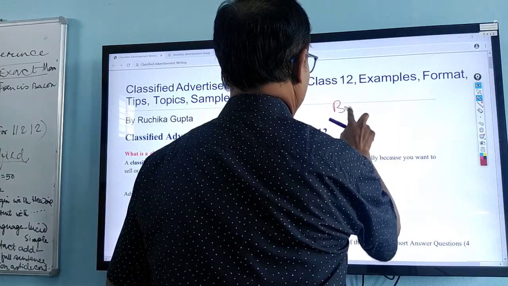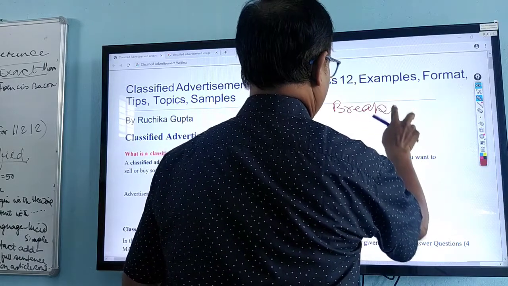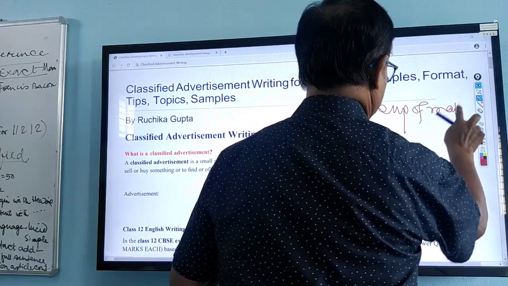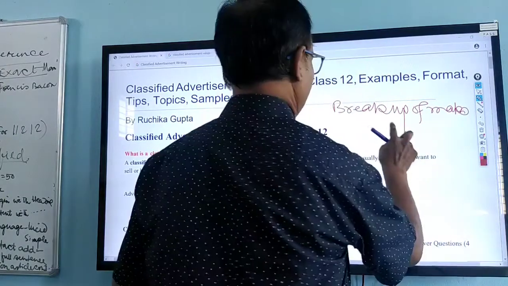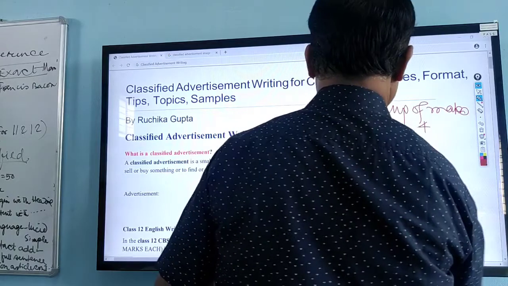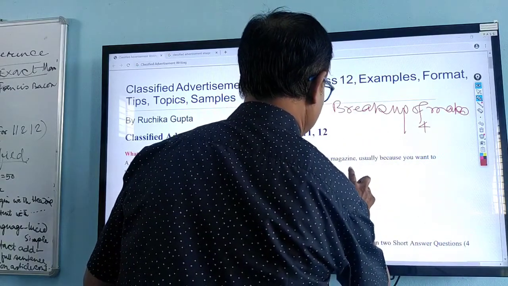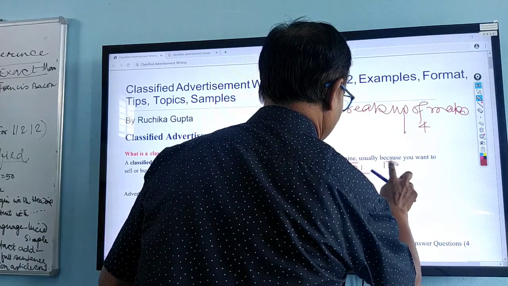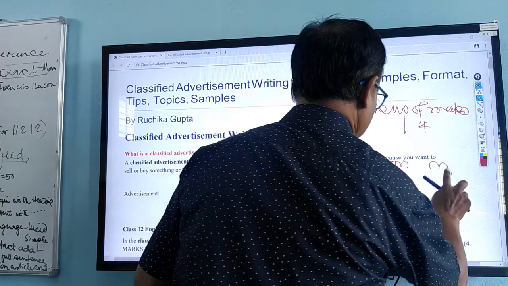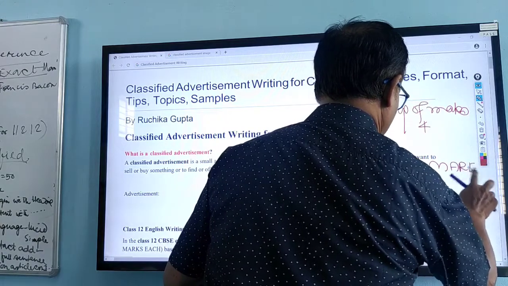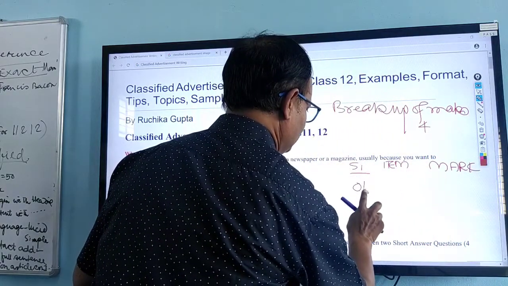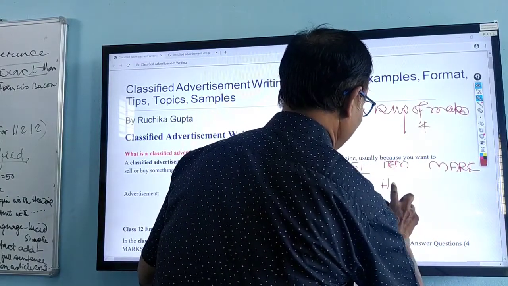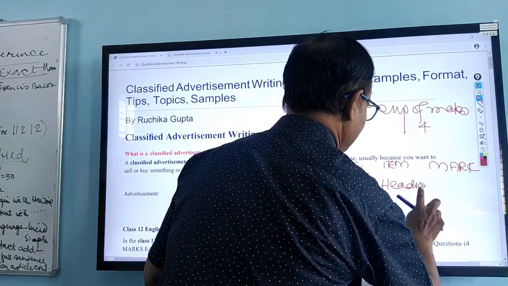So the break up of the marks. The total marks was 4 marks. Now the 4 marks will be divided into, suppose this is the serial number, this is the item, and this is the mark. Serial number 1, the first will be the heading, and for heading there will be 1 mark.